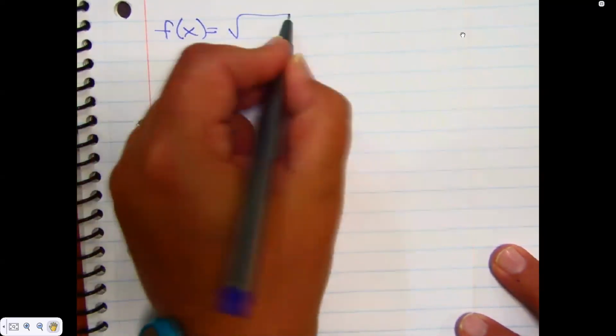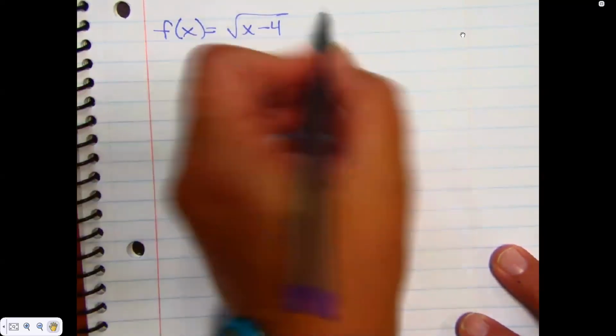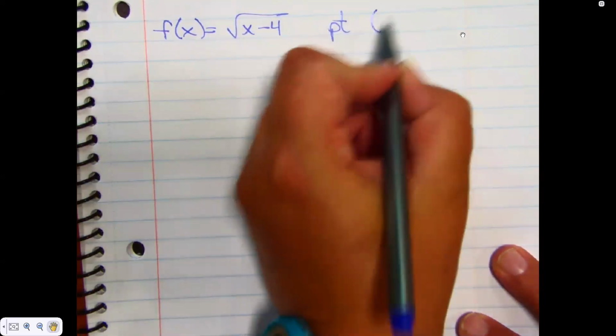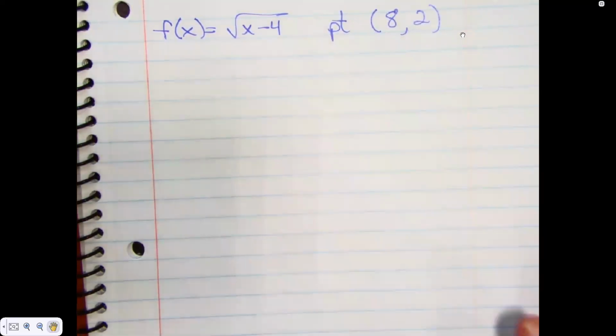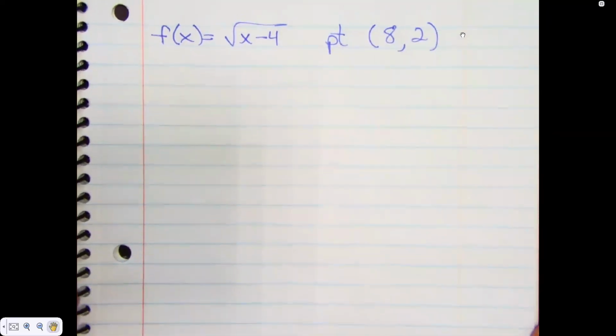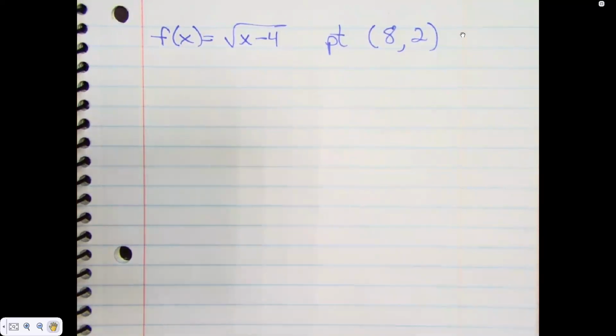All right, f of x equals the square root of x minus 4, and we're talking about the point (8, 2). We're writing the equation of the tangent line. We know it's going to be y minus 2 equals m times x minus 8, but we need that m. How do we find the m?